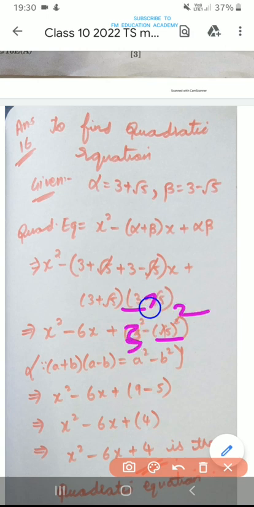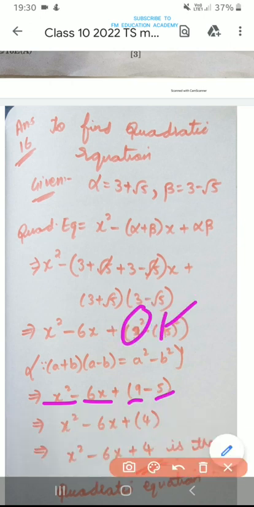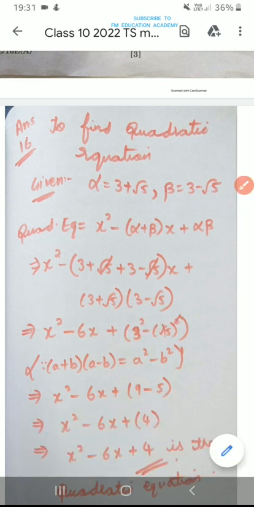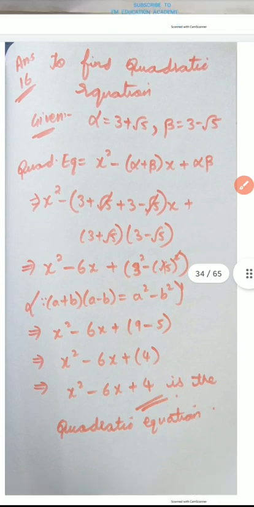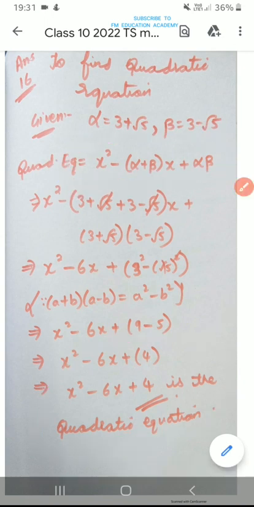That is 3 square minus root 5 square, which is nothing but a square minus b square. Right. So x square minus 6x plus 3 square is 9 minus root 5 square, the square and root will get cancelled, so 5 is left. So x square minus 6x plus 9 minus 5 is 4. So we got the equation x square minus 6x plus 4 as the required quadratic equation. Just by using this formula I have found the quadratic equation.